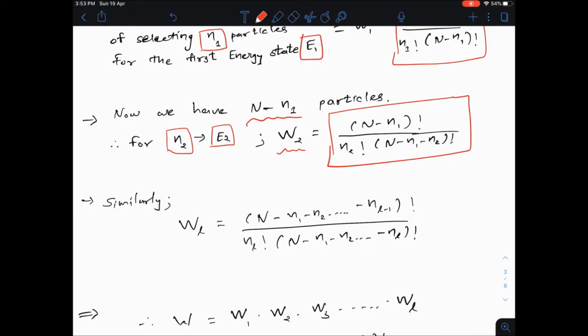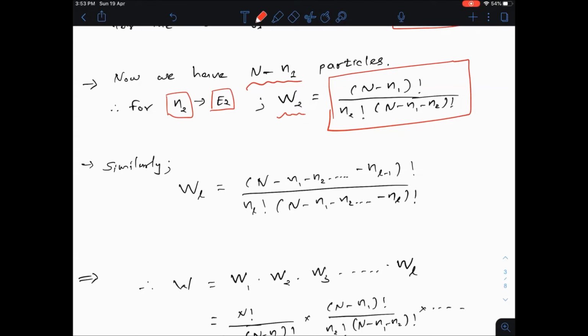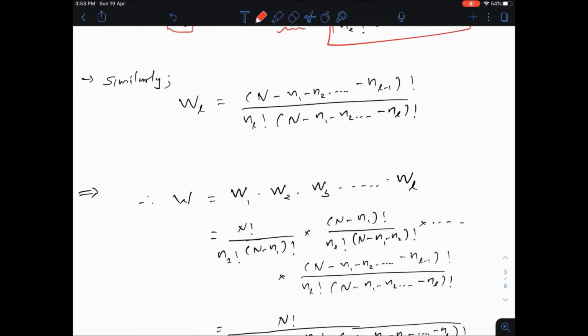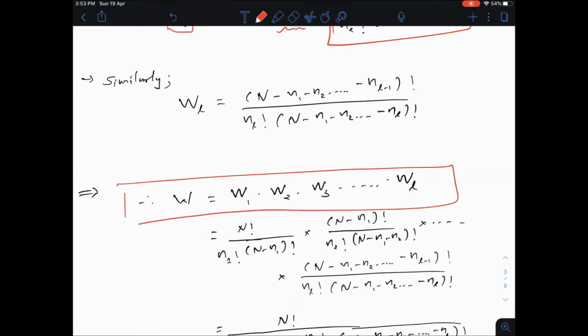Now we want to find the total number W of distinct ways. So capital W is the total number of distinct ways of obtaining the distribution of N1 particles, N2 particles, NL particles with energies E1, E2, E3 and so on up to EL. So the total number for the system is given by W equals W1 into W2 into W3 and so on into WL.